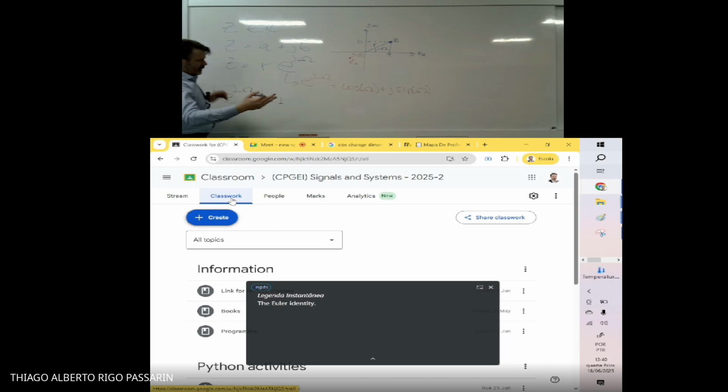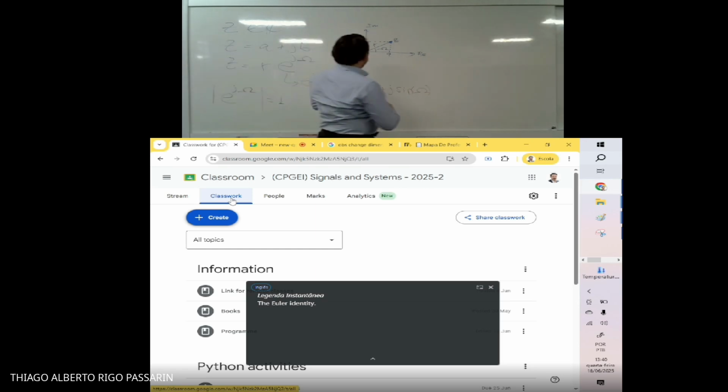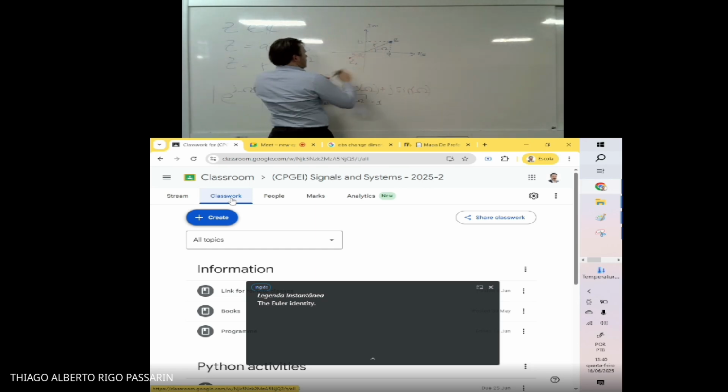Because you might have seen this for the square root of cosine of something squared plus sine of something squared is always 1 if you have the same angle here, because then you're over a unit circle here. So you're just varying the angle with constant absolute value, constant radius 1.